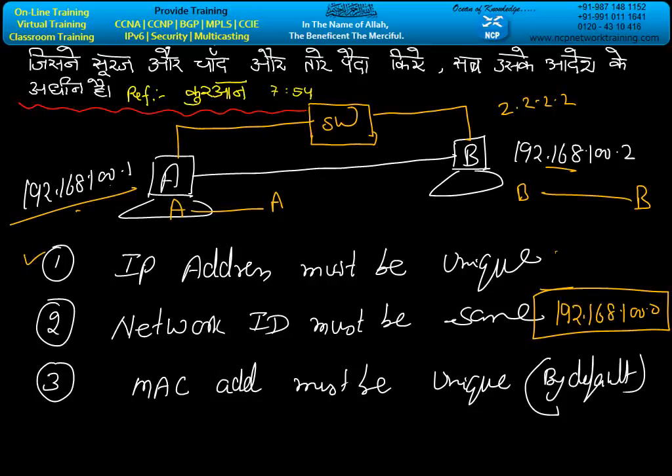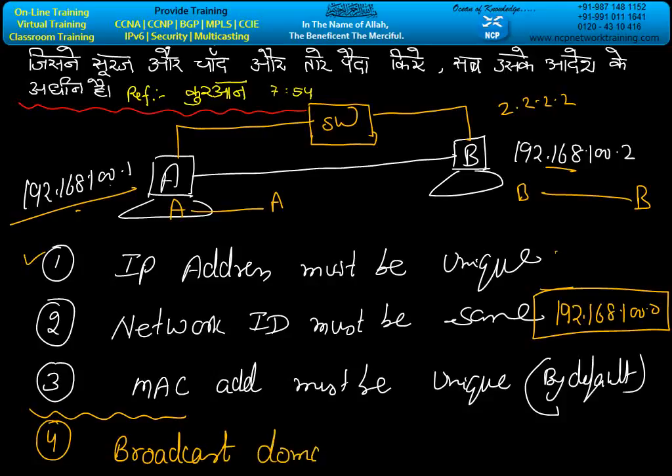If we want to connect A and B machines not directly but via switch, then we require one more component, broadcast domain. Broadcast domain must be the same in case of switch. We will not discuss it today; we will discuss in the switch chapter what is broadcast domain.